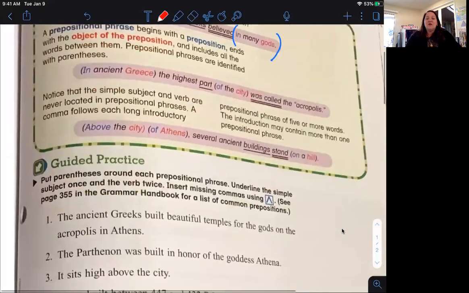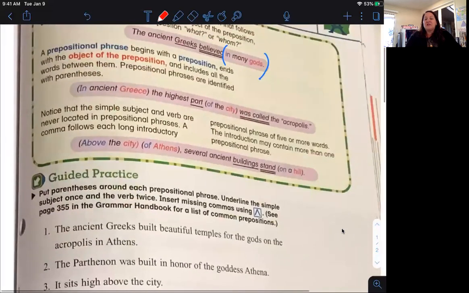A prepositional phrase begins with a preposition and ends with an OP and includes the words between them. So we have prepositional phrases that are identified with parentheses, which we've already got there because we're so good at this. We have: In ancient Greece, the highest part of the city was called the Acropolis.